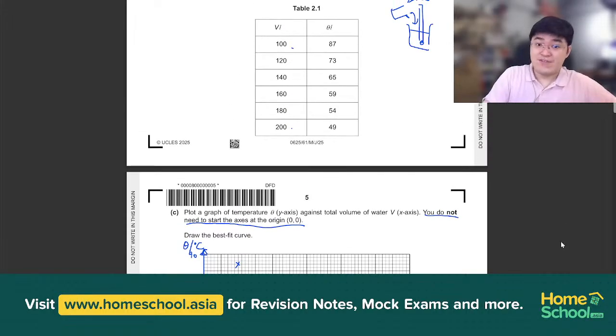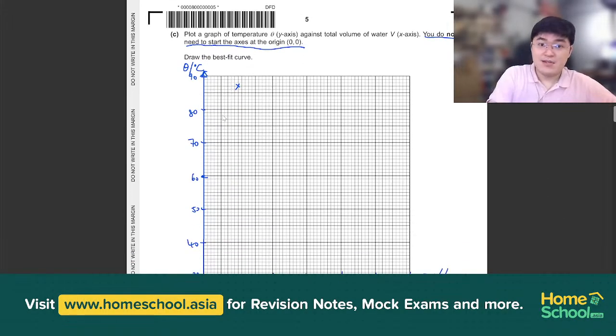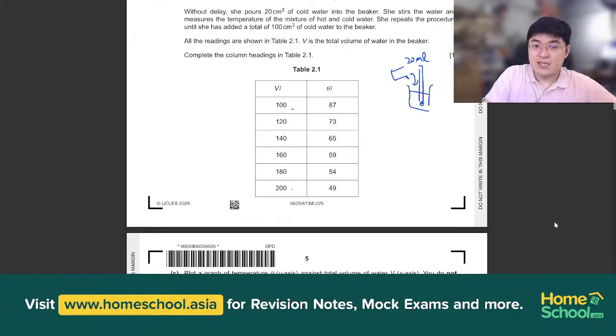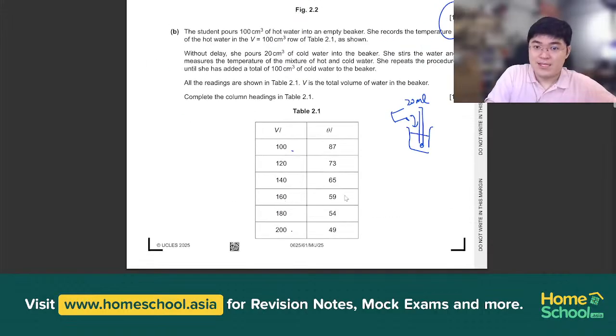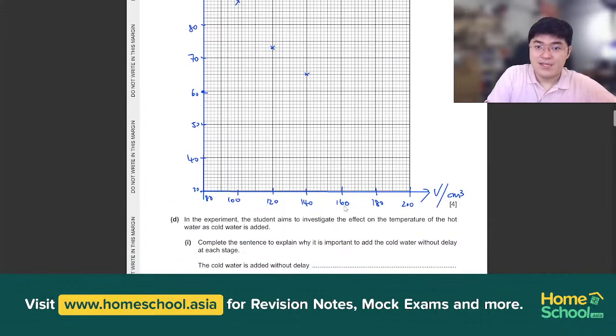This is 120, 73. 120 is right here. 73, okay, 70, 71, 72, 73, right here. Next, 140, 65. 140 right here, 65 right bang on the center right here. Third point, 160, 59. 60 is here, 59 is right here.